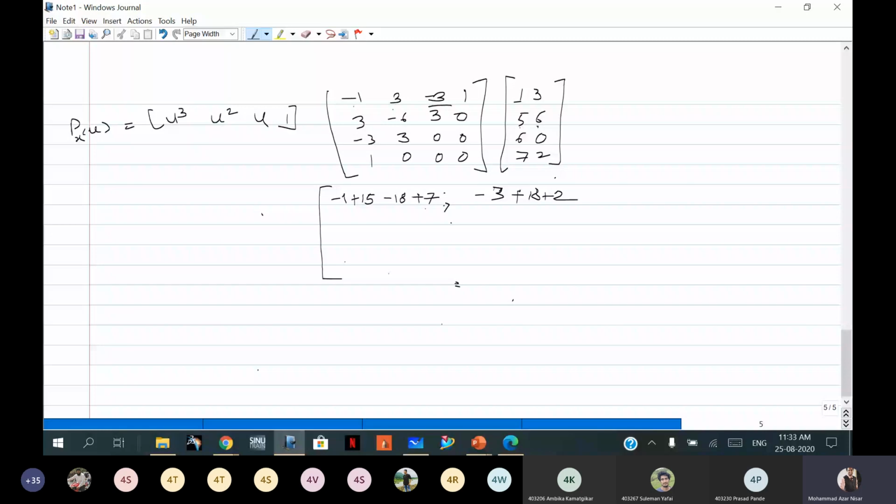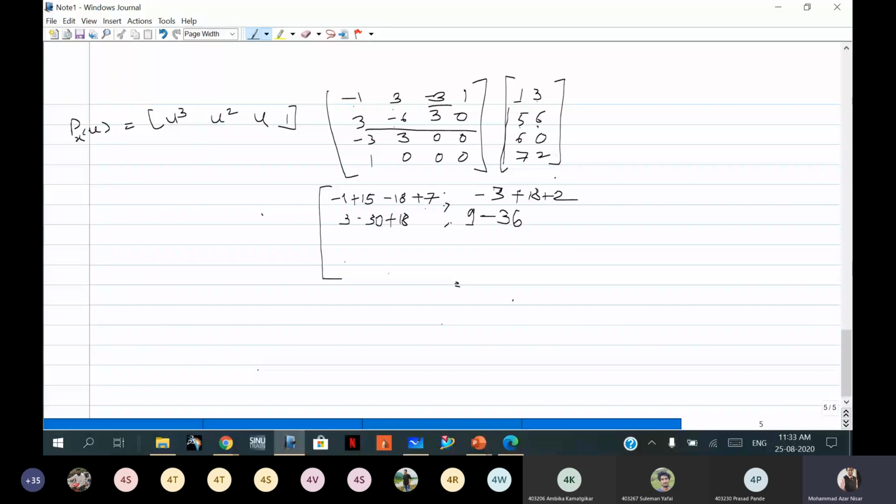Then next row, again same columns. What is this column multiplication? Again 3 into 1 is 3, then -6 into 5 is -30, then 3 into 6 is plus 18, and 0 into 0. This will be the value for x. Then 3 into 3 is 9, then -6 into 6 is -36, then 3 into 0 is 0. So this will be the value for y.